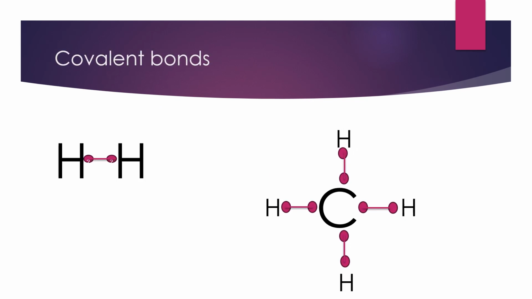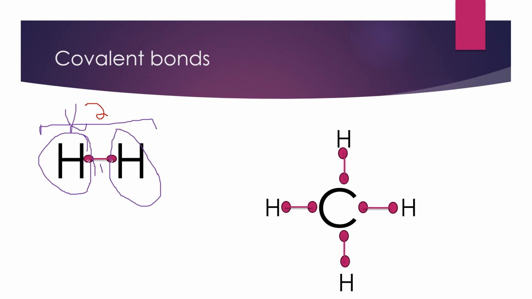Now as I told you, that's mutual sharing. Means if a hydrogen has, just see, this is an orbit. Now we know that in the K shell, hydrogen should have 2 electrons. But now hydrogen has only 1 electron, so it will share its electron with another hydrogen atom.